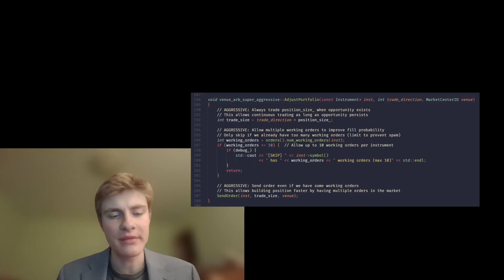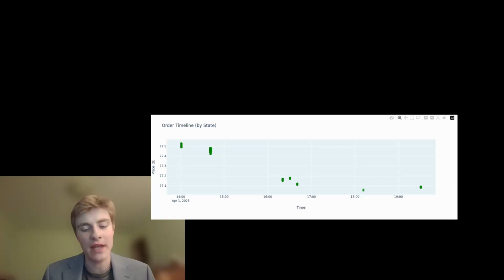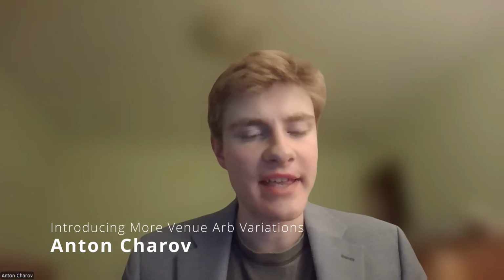And secondly, we want to actually be filled. So we experimented with increasing the aggressiveness of the strategy while sacrificing, of course, our potential profits. So this resulted in us at the same time getting more trades, but then fewer trades because of the forced direction change.